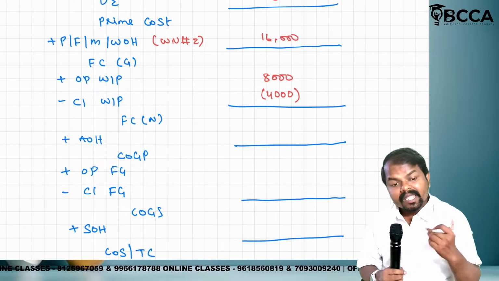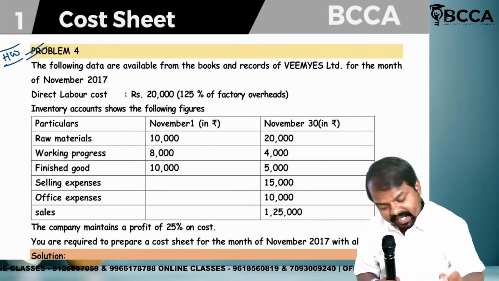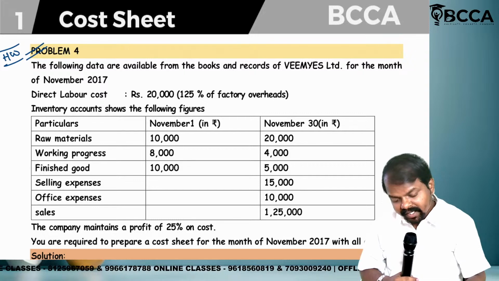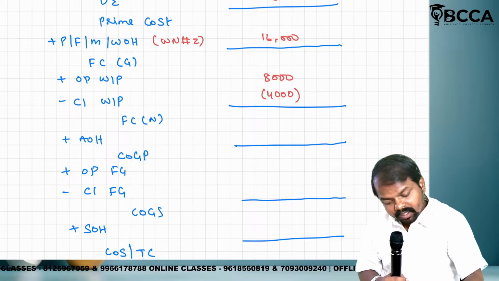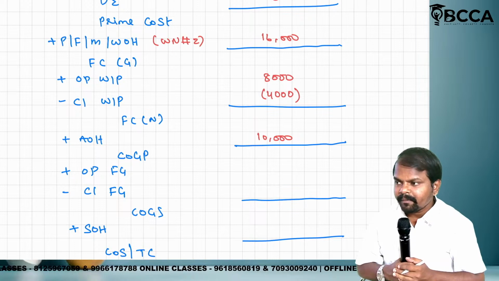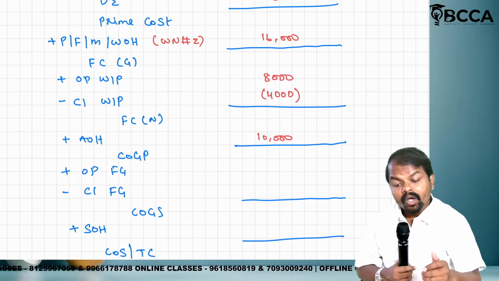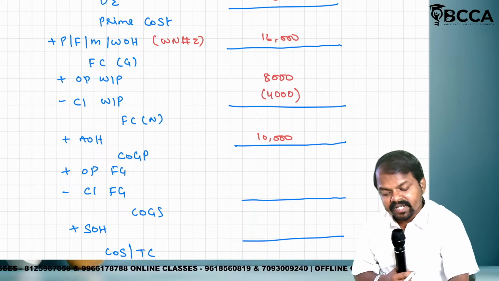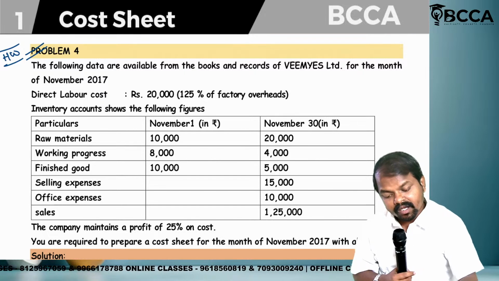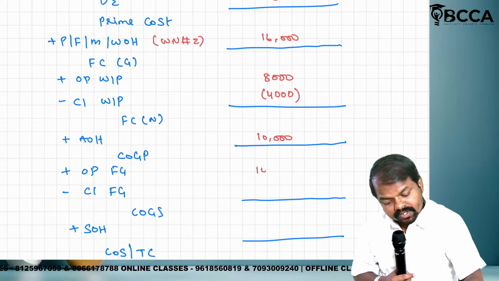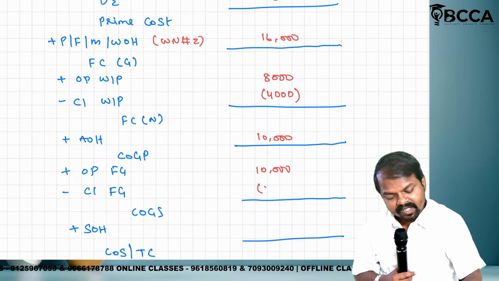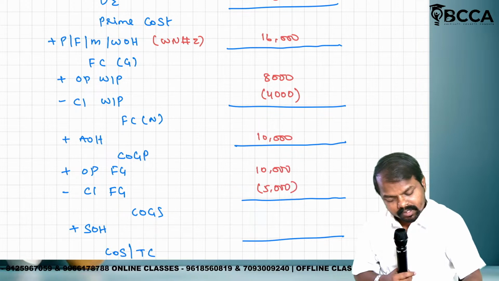Okay. AOH. Please check. AOH is there? Yes. How much? 10,000. Can you find out COGP for me? Not possible. Opening stock of finished good is there? 10,000. Closing stock of finished good is there? 5,000.